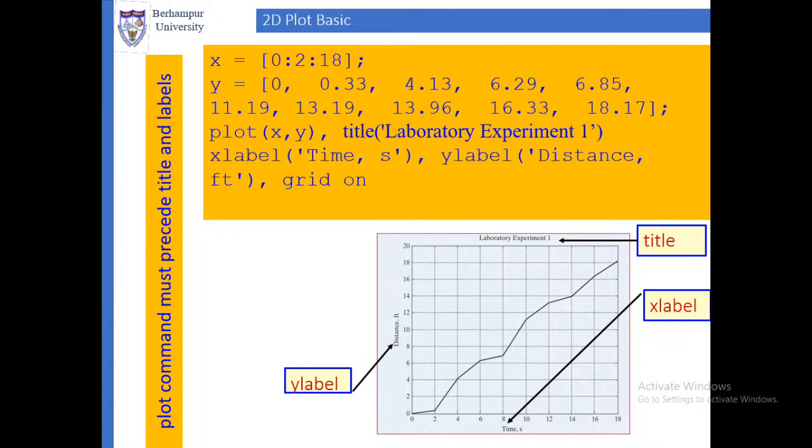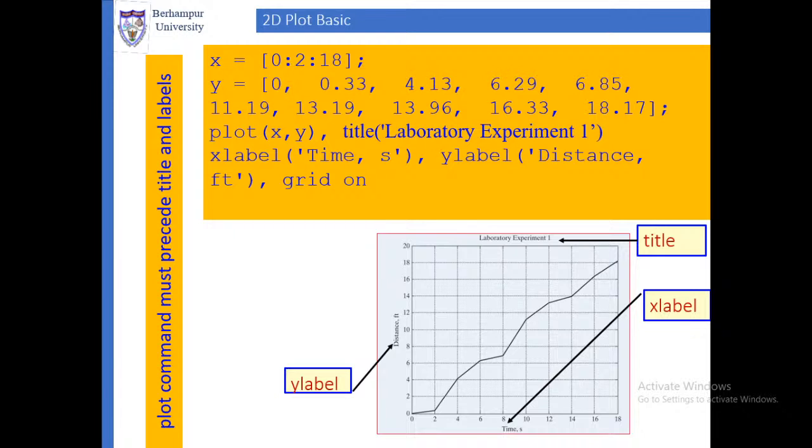Now suppose x is given. X is between 0 and 18, and the increment of x is 2. So 0 colon 2 colon 18. That indicates x is equal to, within square brackets, 0 colon 2 colon 18. Then I am giving a semicolon, which means there will be no echoing of these values.